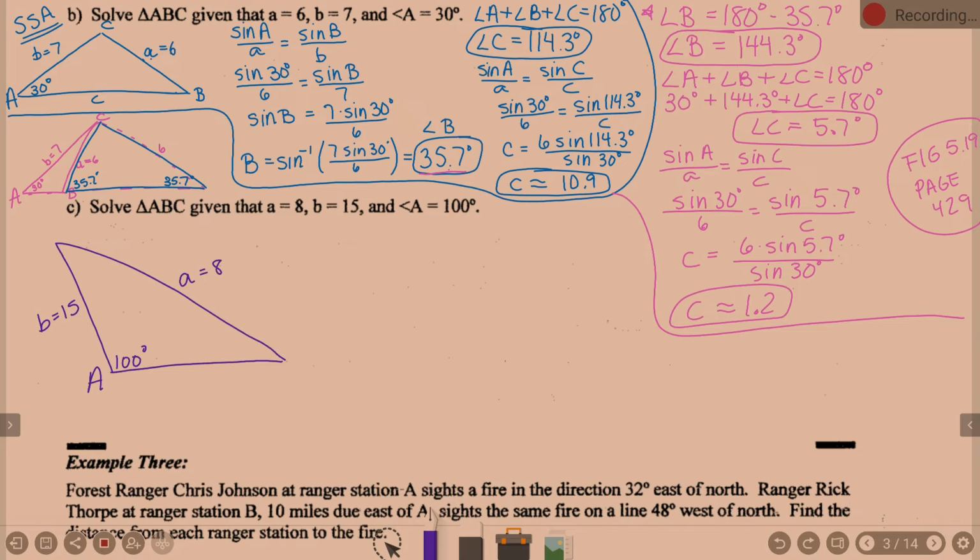Okay, if you're looking back on the other page, we're now looking at given the angle A is obtuse. What do you notice about this triangle? You can find B. Not sure how it would work out, but we could try and find B. Somewhere we'd run into a glitch here.